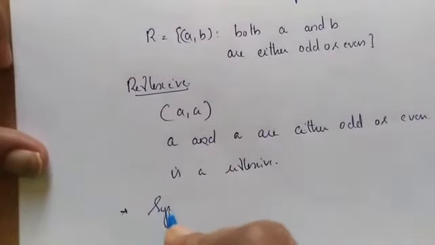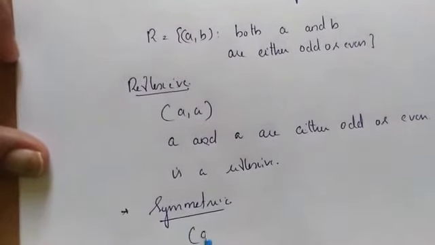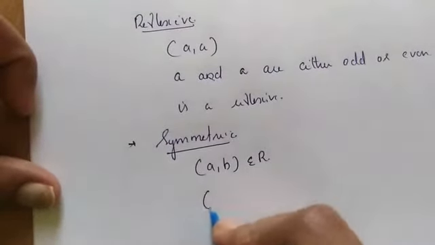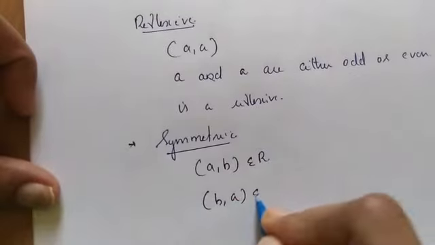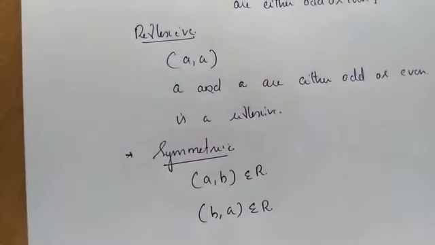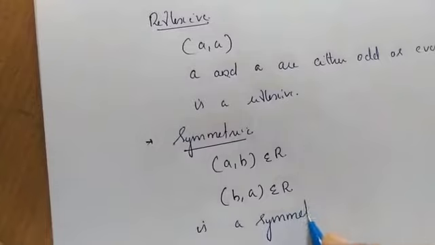Next is symmetric. a comma b element of R, and similarly b comma a is also an element of R, because a and b can either be odd or even. Hence it is a symmetric relation.